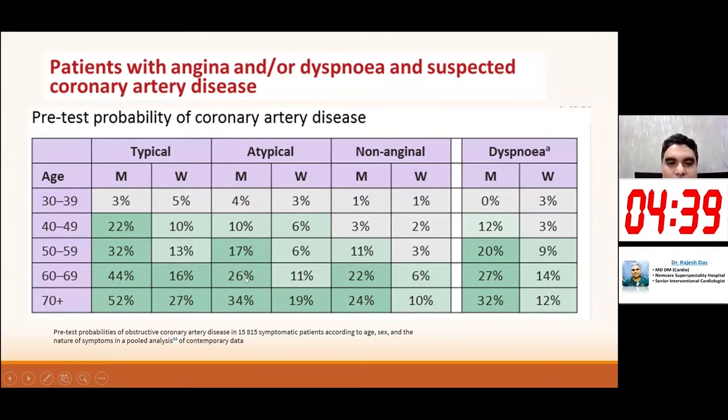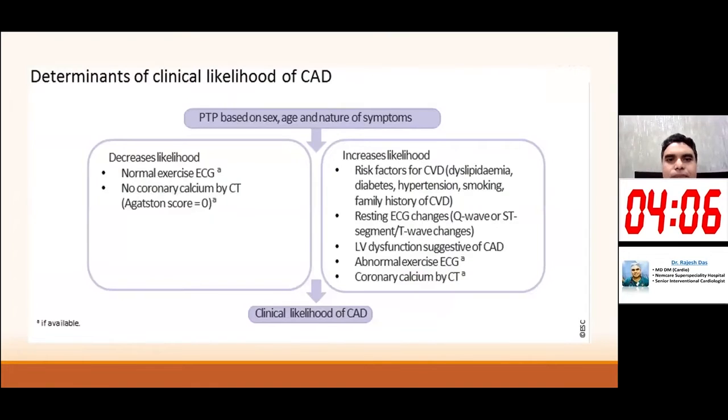Dark green denotes categories with high likelihood of obstructive CAD, whereas light green denotes categories with intermediate likelihood. Any percentage between 5 and 15% in this chart denotes intermediate likelihood of obstructive CAD, and a percentage below 5% is termed low risk pretest probability of CAD.